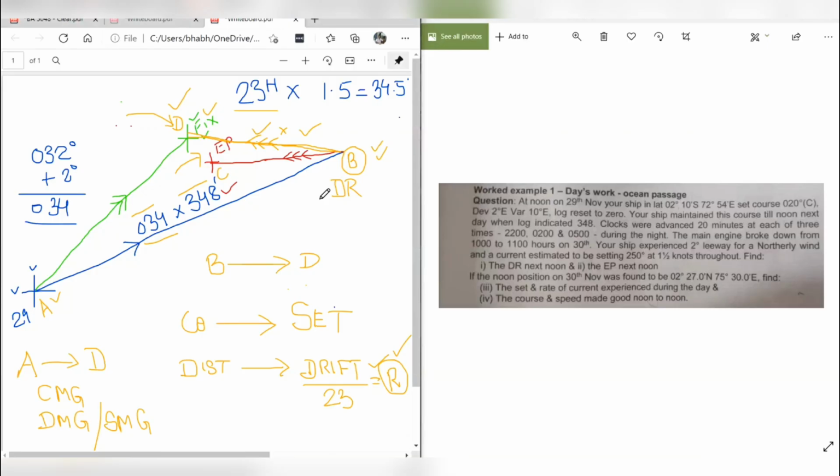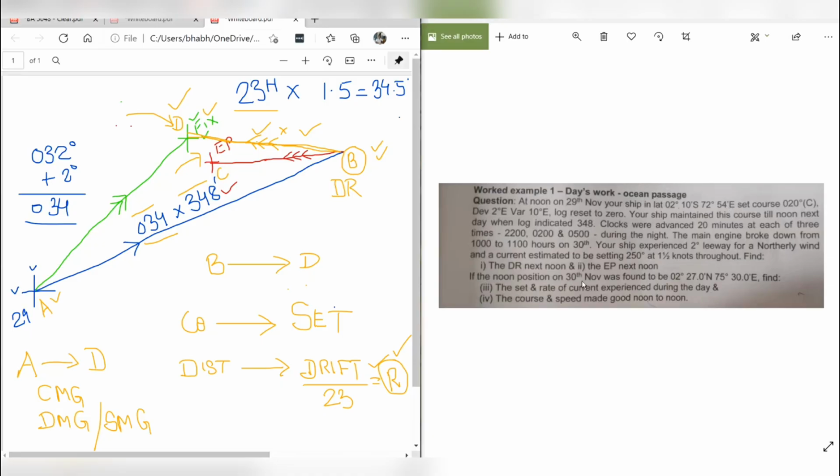So लास्ट वाला पार्ट एक बार रिपीट कर देंगे, CMG वाला, CMG DMG. Okay, beta. Course made good and distance made good is very simple. They have given us the starting position on 29th, that is 2:10 south, 072 54 minute east. That is the 29th position. And they have given us the fix also.